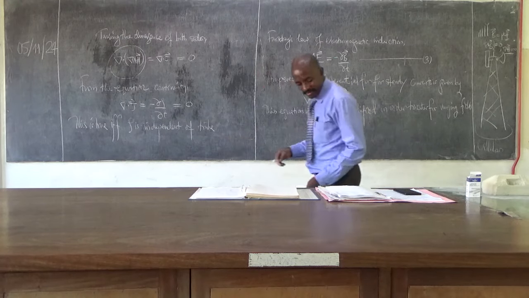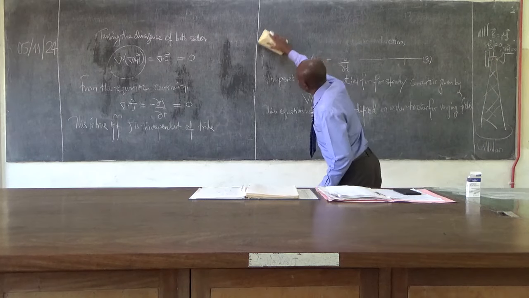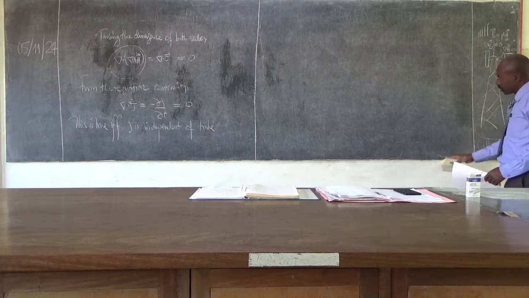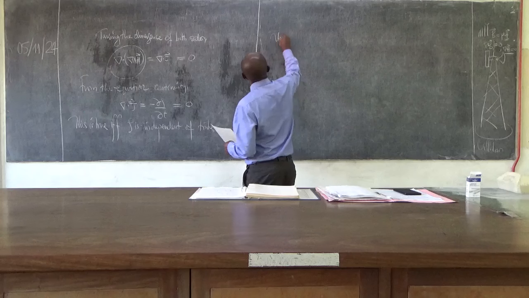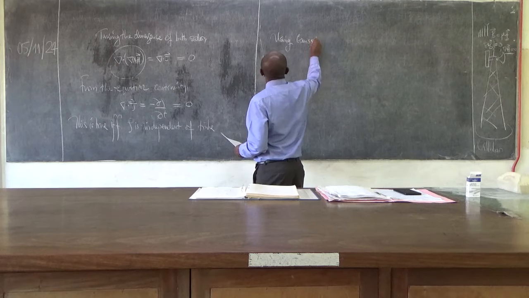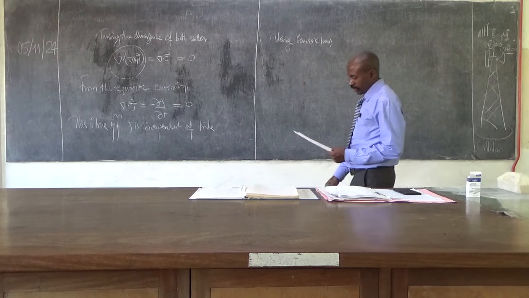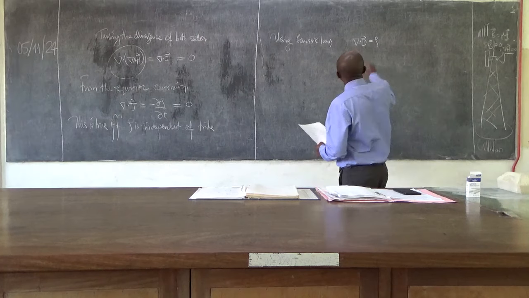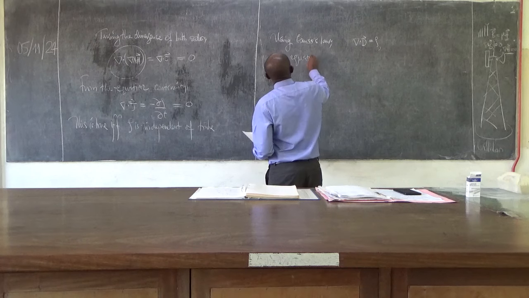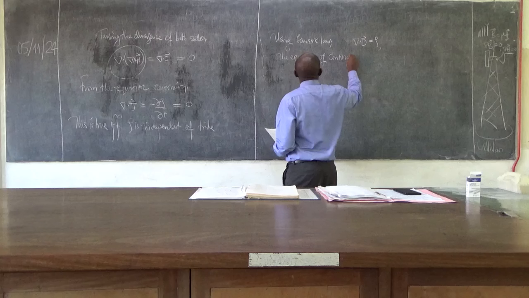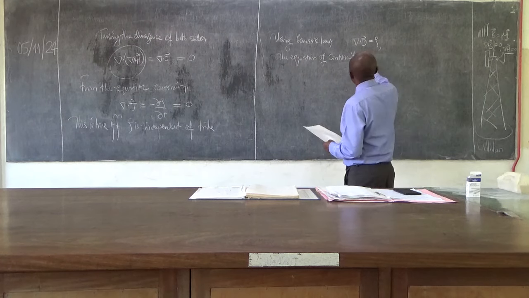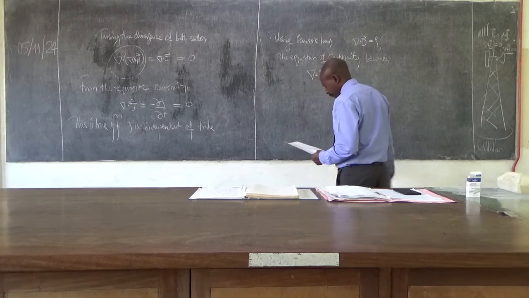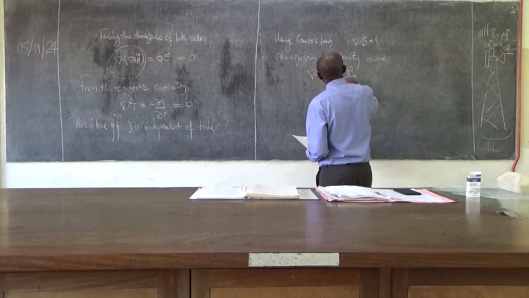So using Gauss's law, which is the divergence of D equaling rho, the equation of continuity becomes divergence of J being the same as minus partial rho by partial t.